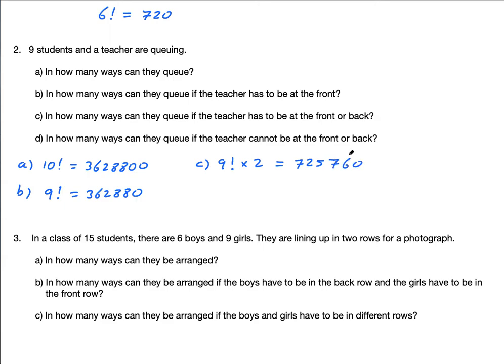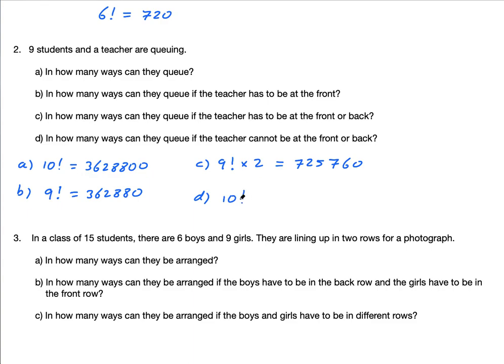Last question. In how many ways can they queue if the teacher cannot be at the front or back? Okay, there's 2 ways to do this. I put this question in deliberately because I want you to do it this way. I wanted you to have an example of this way, where you actually subtract what you don't want from the total. So the total, there's 10 factorial ways in total.